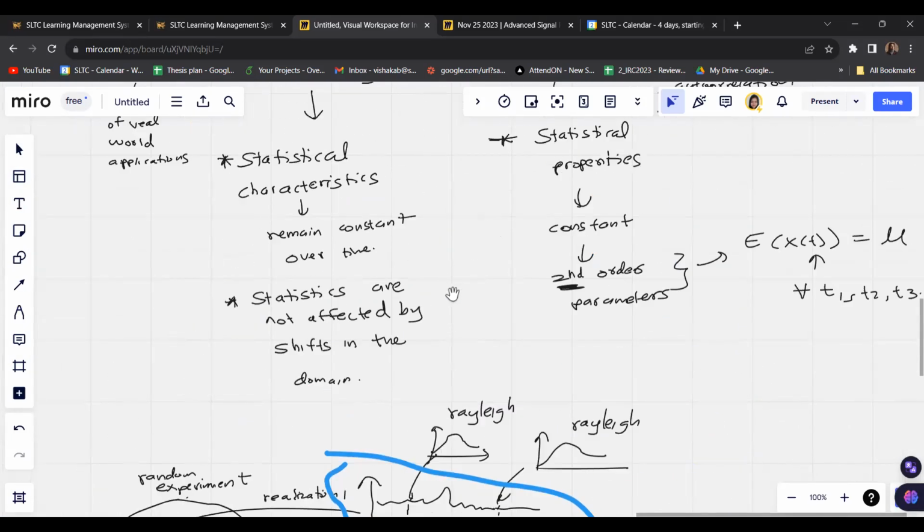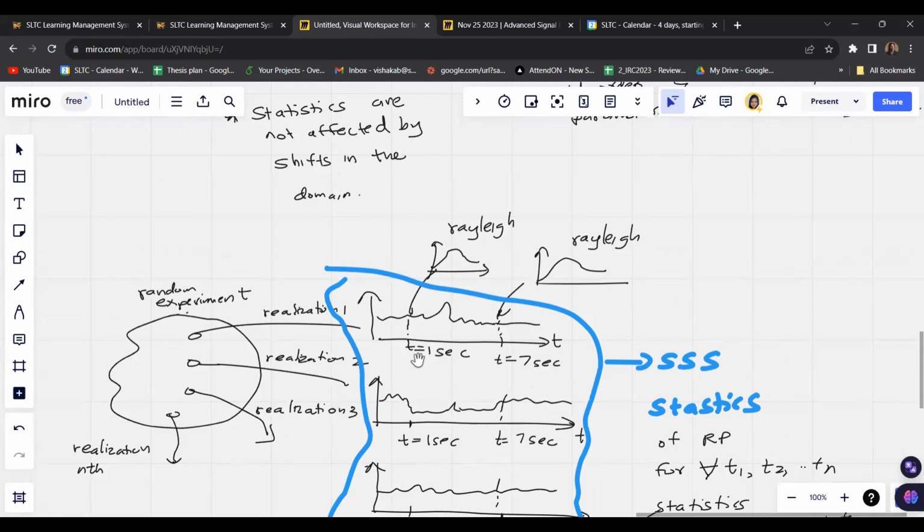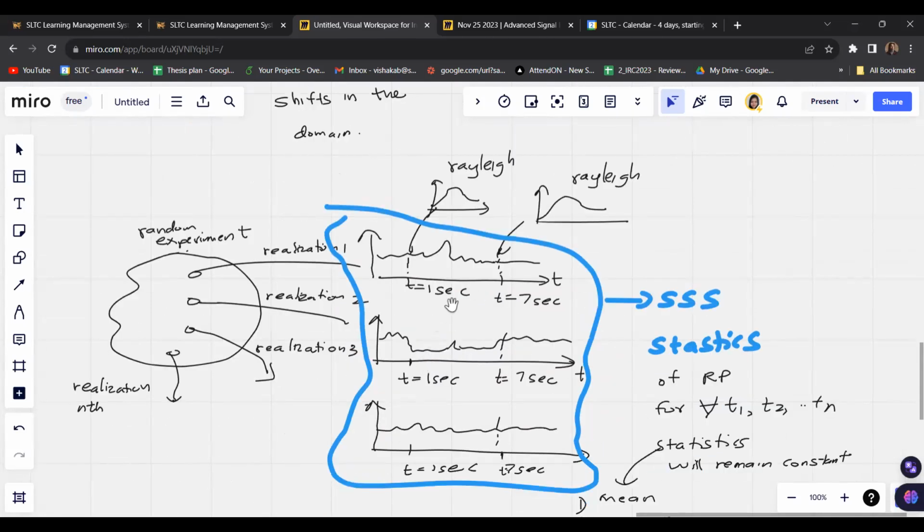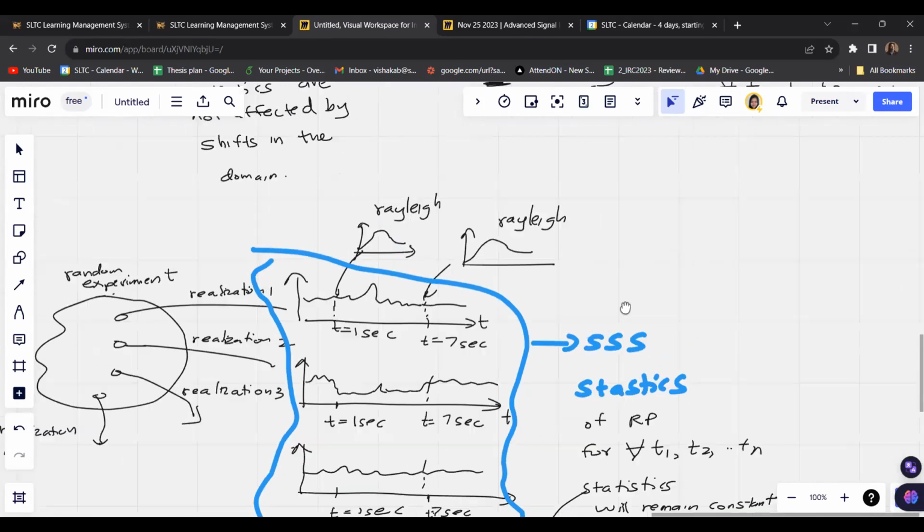In here, this time instance t equals 1 second and 7 seconds. If we compare the mean value that we can obtain of the random variable, it will be the same, right? The probability density functions will be the same, and the mean value that we can compute for that time variable will be the same, and it will be like that for all the time instances.